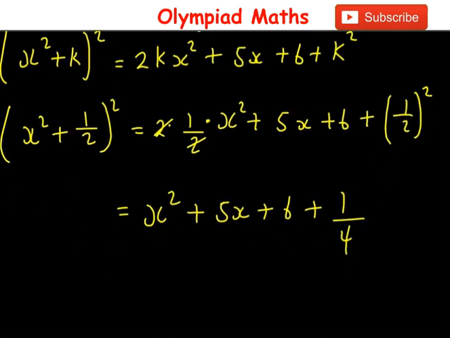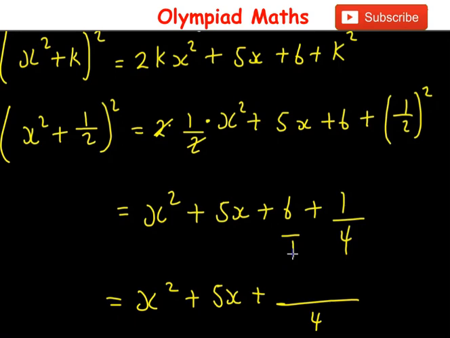And with this, we can write down 6 as 6 over 1, and simplify x squared plus 5x, then plus the LCM of 1 and 4, which is 4. How many times can 1 divide 4? 4 times 6 is 24, plus how many times can 4 divide 4? 1, and 1 times 1 is 1.